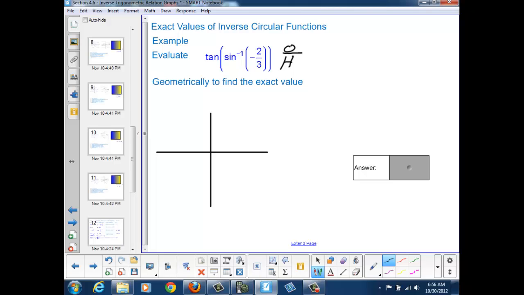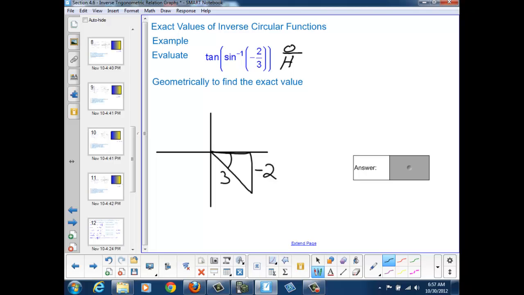Since the inverse sine is restricted to quadrants 1 and 4, that means my reference triangle will have to be in the 4th quadrant. So a hypotenuse of 3 and an opposite side of negative 2. That would give me this angle here.